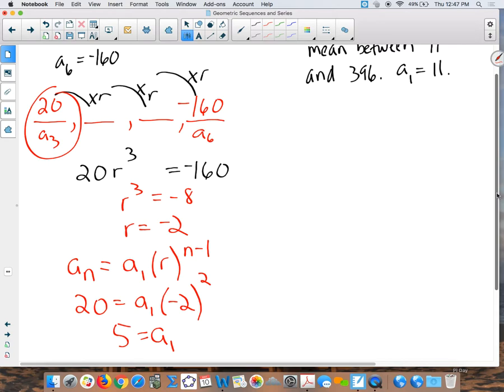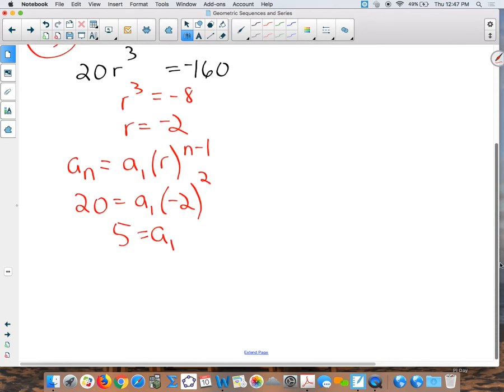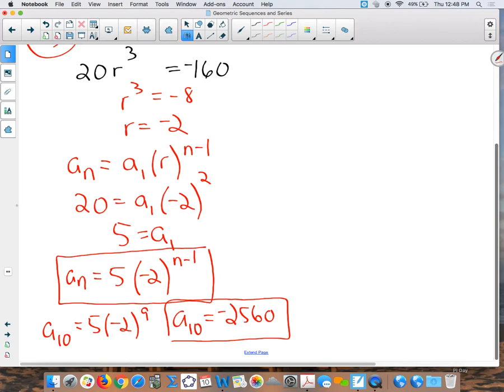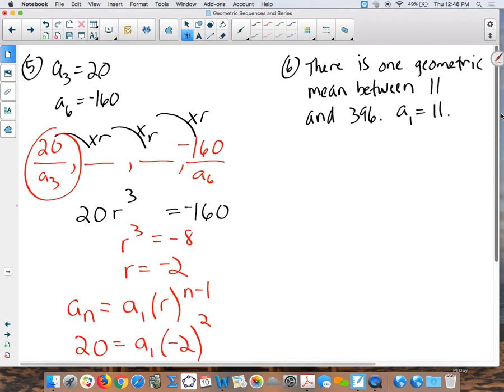And now that I have a sub 1 is 5 and r is negative 2, we can write our equation. A sub n equals a sub 1 times r to the n minus 1. And we're still, of course, also looking for a sub 10. So a sub 10 equals 5 times negative 2 to the 9th, which again, using your calculators, a sub 10 is negative 2,560.